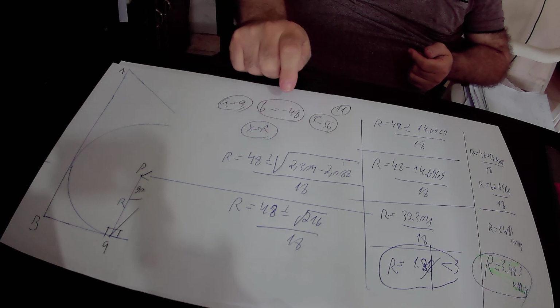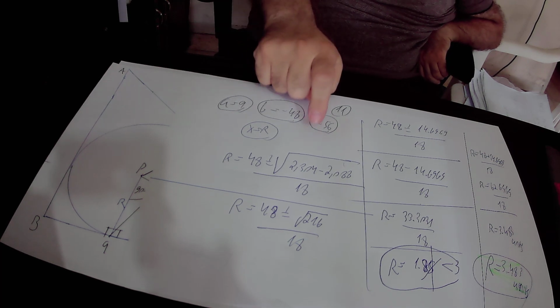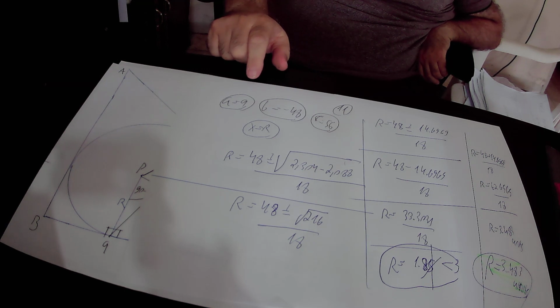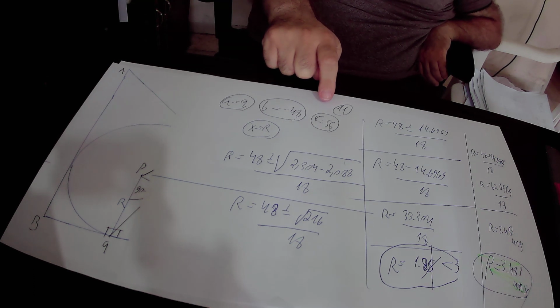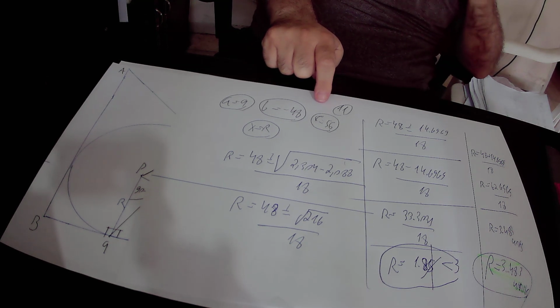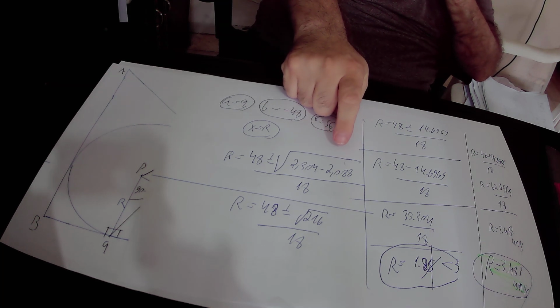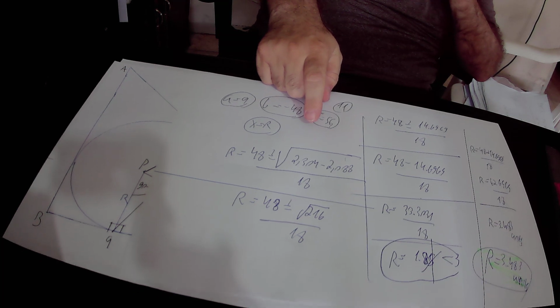the square root of b squared. b is minus 48, so b squared is 2304. Minus 4 times a, which is 9, so minus 4 times 9 is minus 36, and minus 36 times c, which is 56, is minus 2088, over 2a. a is 9, so 2a is 18.